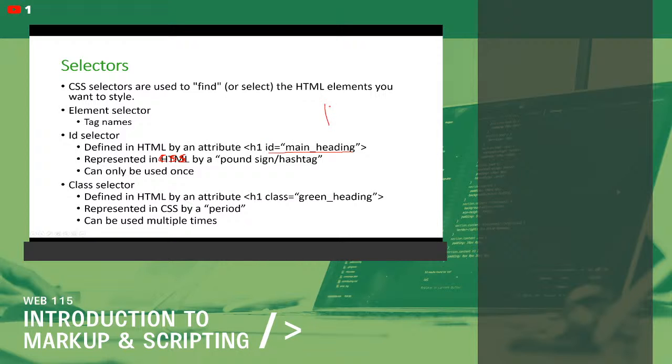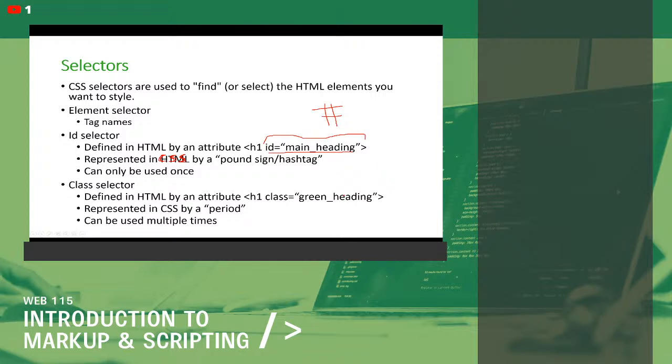It's one of these. So when we are referencing this ID selector in our CSS, we're going to use that hashtag before the name of the ID, so that our computer, as it's rendering this, knows that this is in fact an ID, and it'll be looking for these ID selectors.